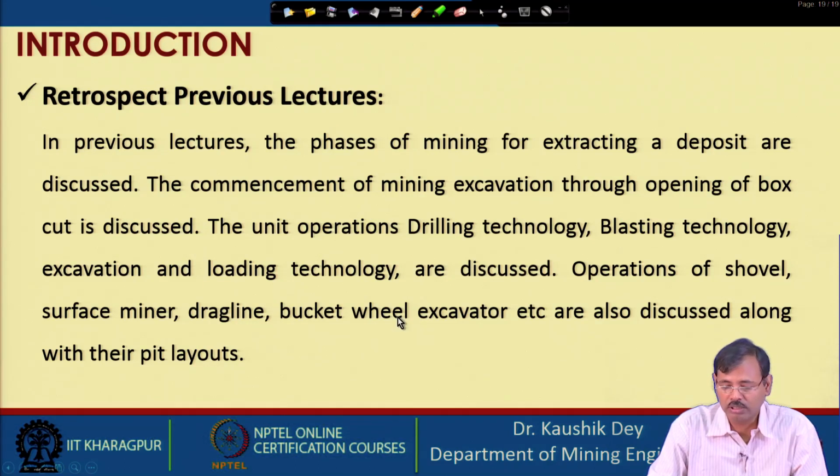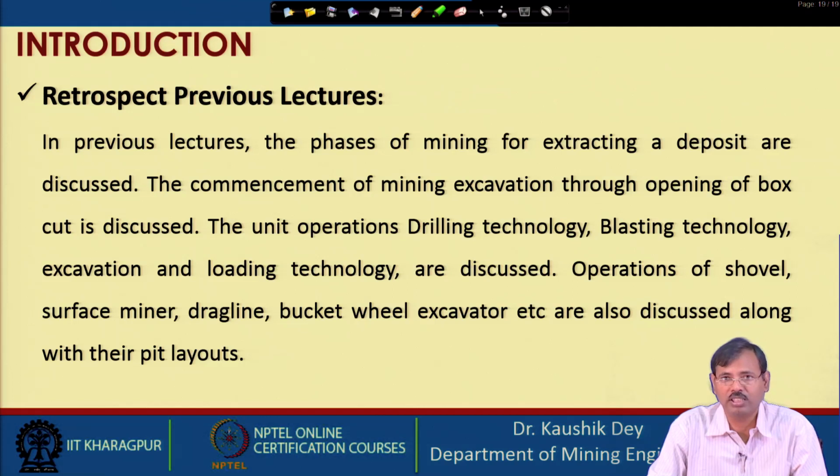In the last class we started dimensional stone mining. We understood what dimensional stone mining is, what the dimensional stones are, and their perspective of current excavation, and we also saw the status of dimensional stone mining in India.